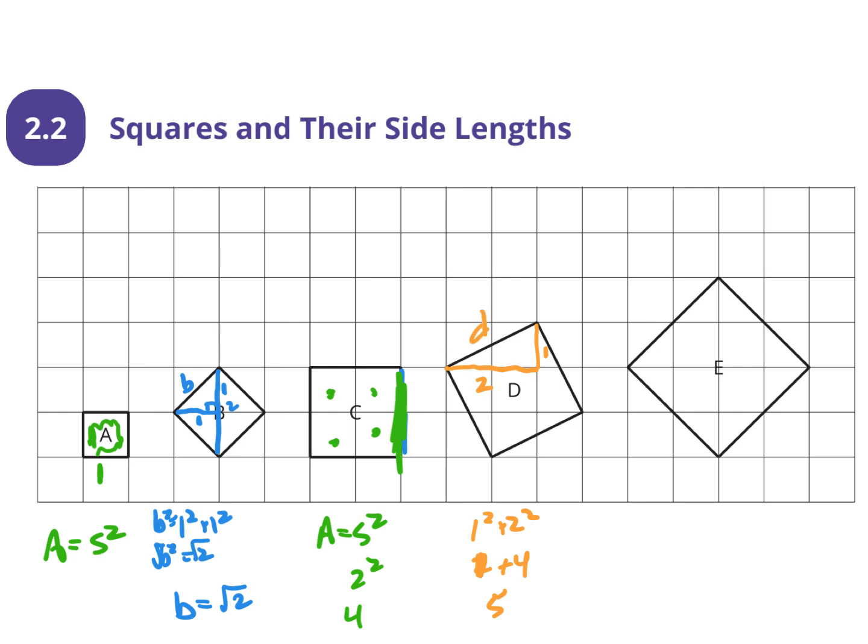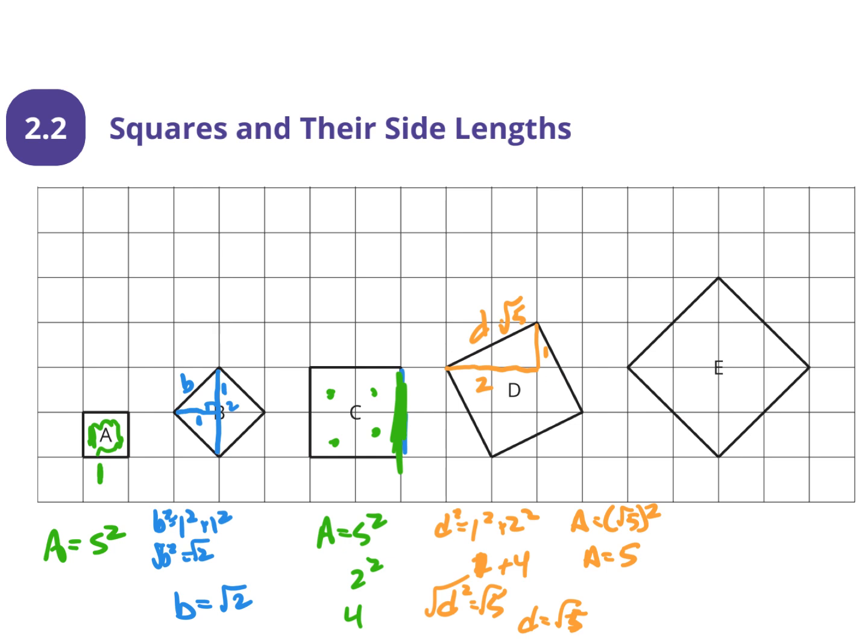Little d squared equals 5, and d equals root 5. So d is equal to root 5. Now we come back and square it. Root 5 squared, area equals 5.